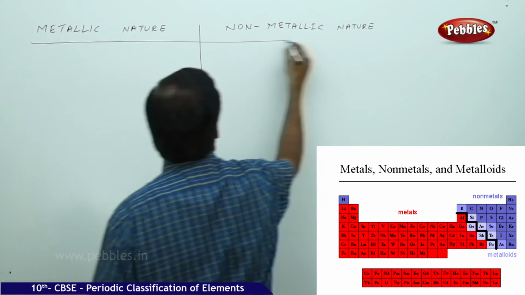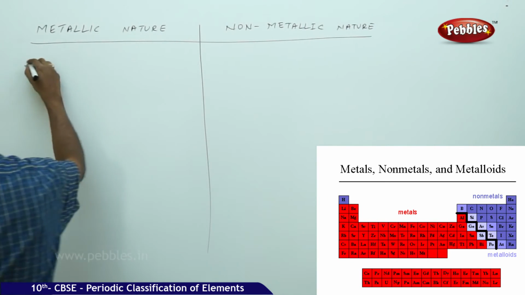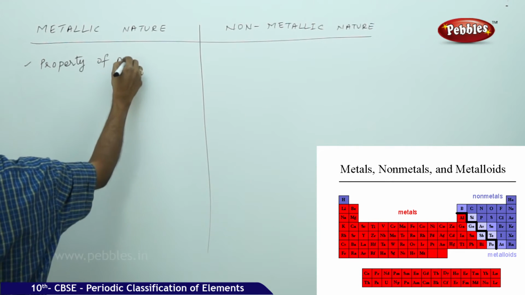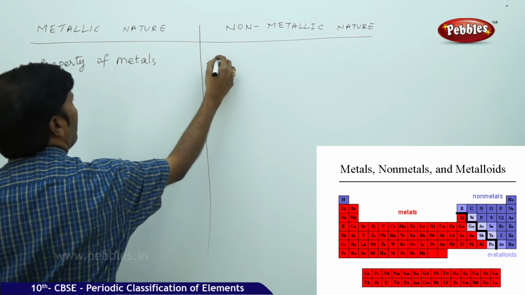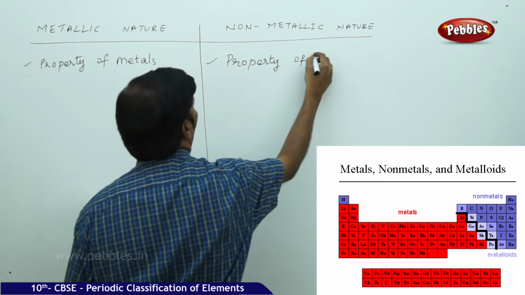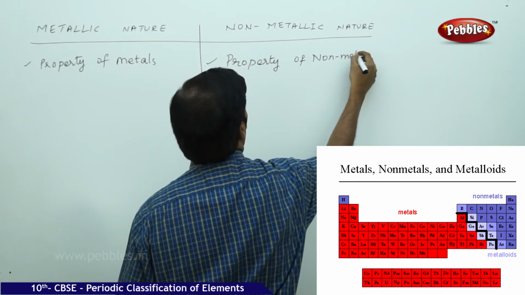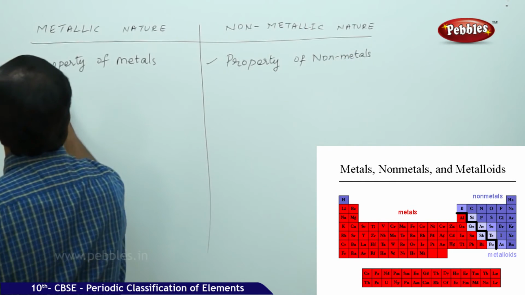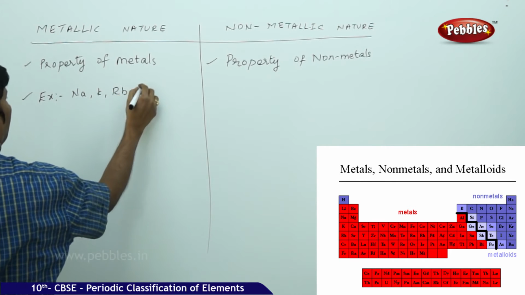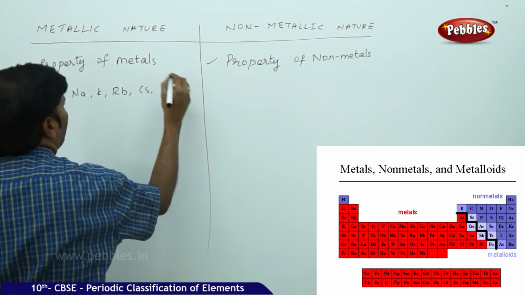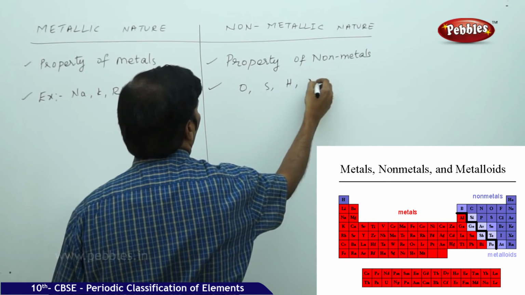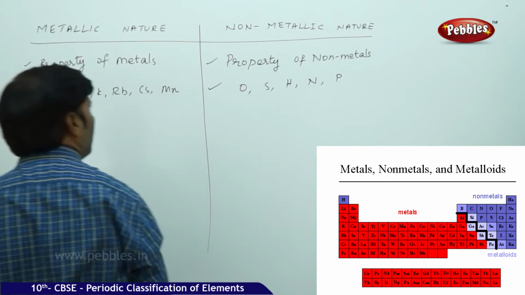If you go for metallic nature, it is the property of metals, example sodium, potassium, rubidium, cesium, manganese and so on. Non-metallic nature is the property of non-metals: oxygen, sulfur, hydrogen, nitrogen, phosphorus, all these are non-metals.